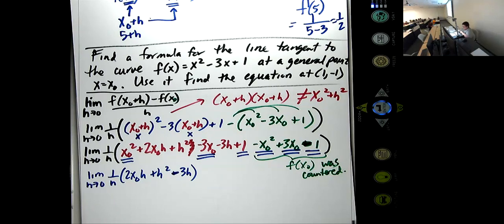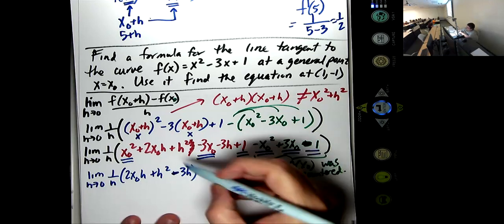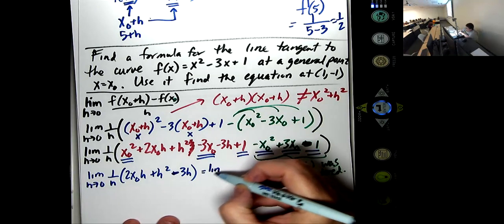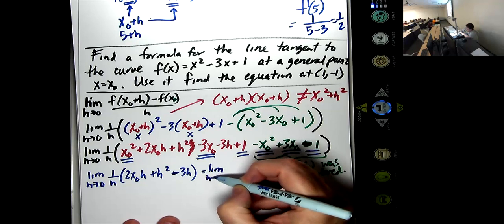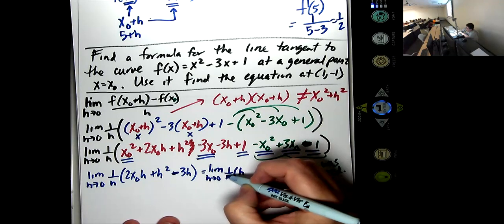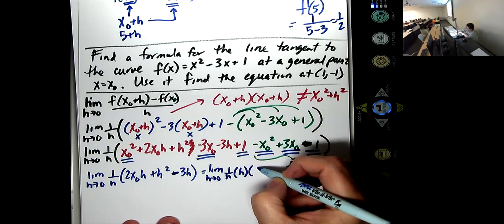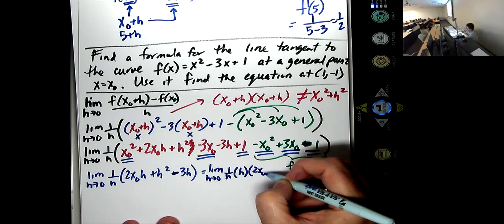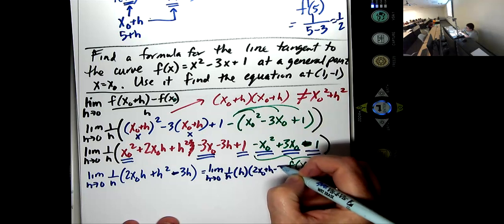But notice I can factor out an h here. I have an h, and that leaves behind 2x naught plus h minus 3.